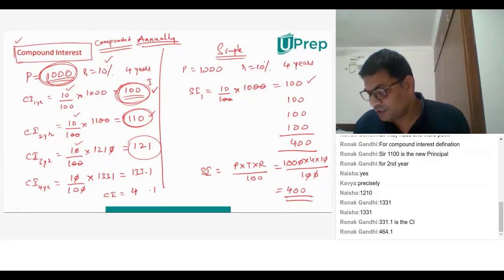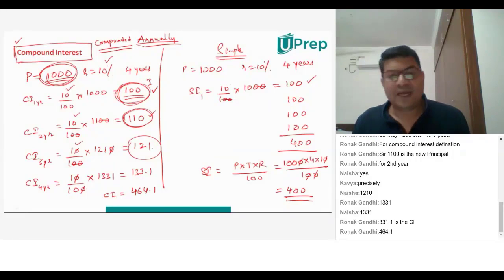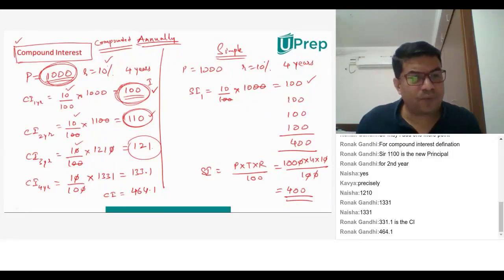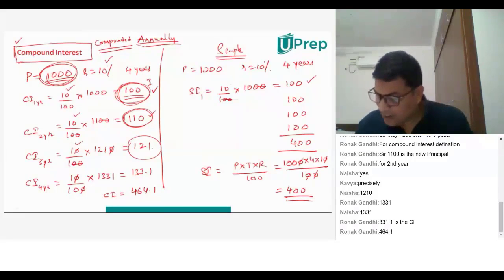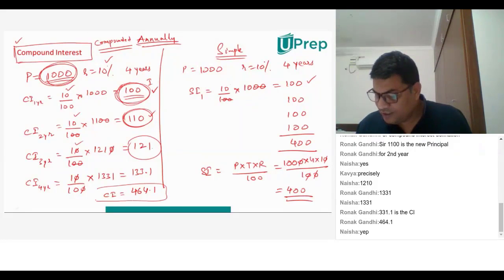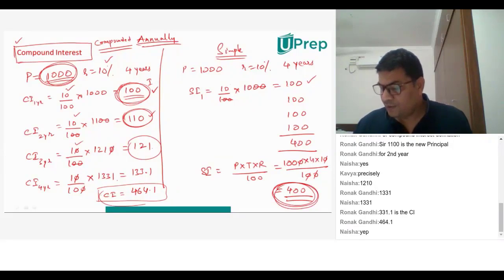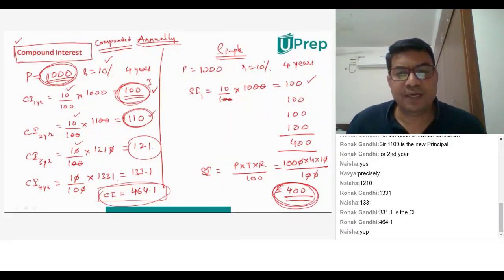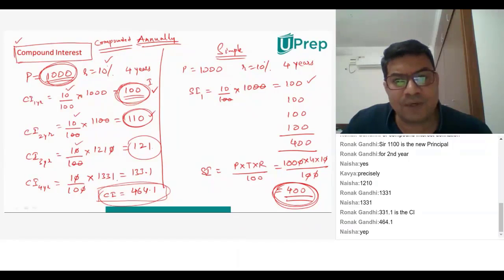I think it's 464.1. I just added up, it is 464.1. Good. So that is the compound interest earned. You can see compound interest is much, much more than the simple interest. So that's the basic difference between simple interest and compound interest.